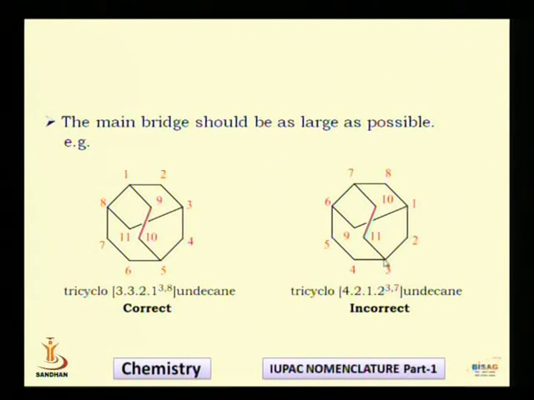At that time the principal bridge is this one, between 1 and 6, and there is only 1 atom. So this is wrong numbering, because the guideline is that while numbering you should take care that the principal bridge has the higher number of carbon atoms. So the name tricyclo 3 3 2 1 3 8 undecane is correct, but tricyclo 4 2 1 2 3 7 will be a wrong name.